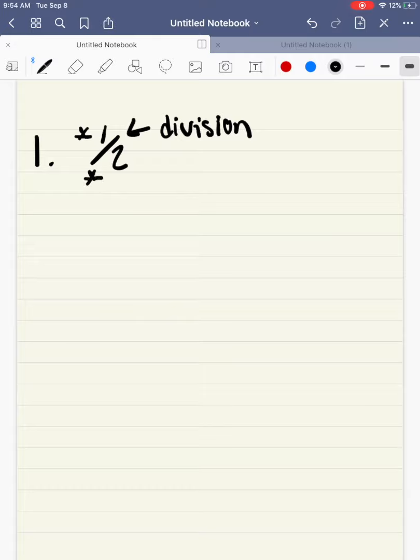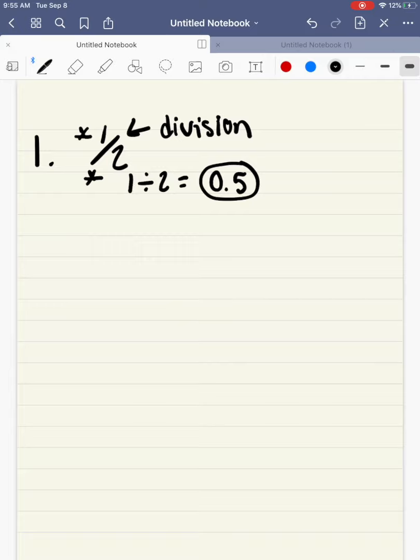So in order to change 1/2 into a decimal, you are going to do 1 divided by 2 in your calculator. And when you do that, you get 0.5. So that is actually your answer.